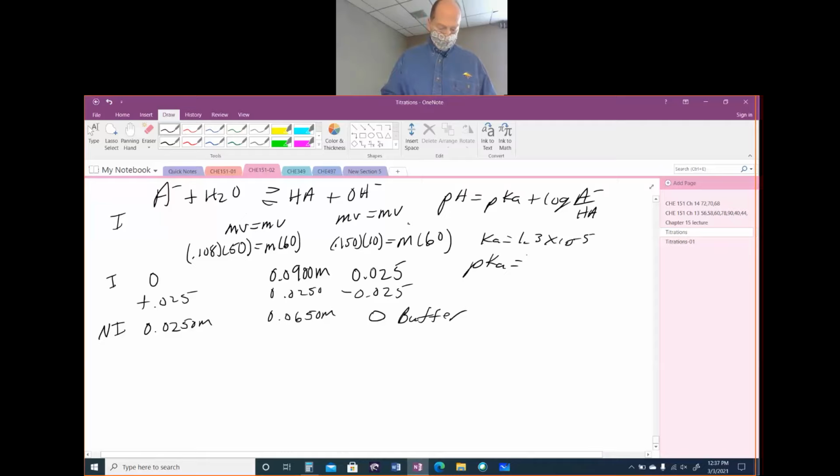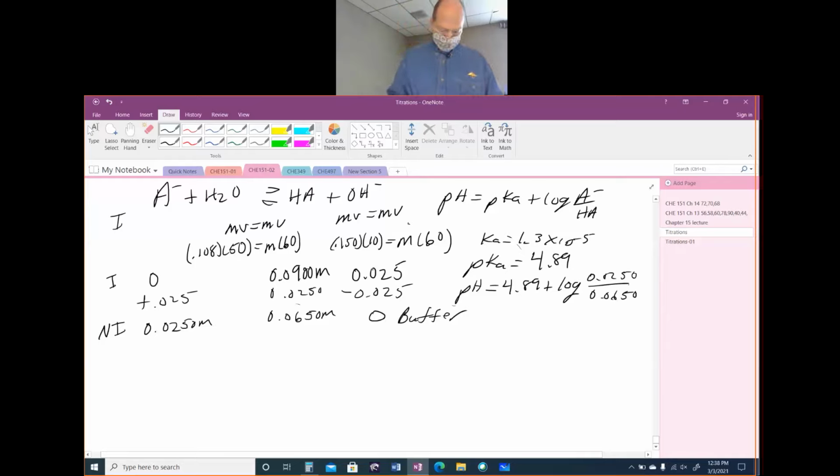So the negative log of 1.3 times 10 to the minus 5 is 4.89. All right, and so our pH is equal to 4.89 plus the log of A minus 0.0250 over HA 0.0650.